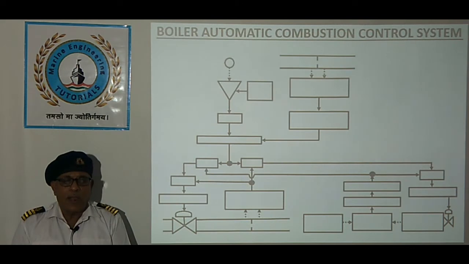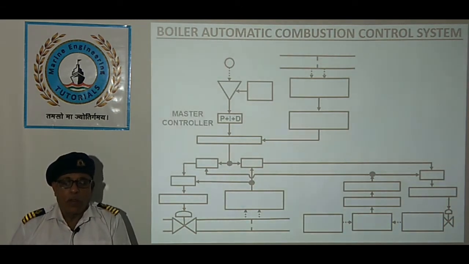This sketch describes the flow diagram for the automatic combustion control system in a large boiler. Combustion control system consists of a master controller which maintains steady steam pressure irrespective of changes in the boiler load. Two control elements, that is steam flow and steam pressure, are used to measure the load.